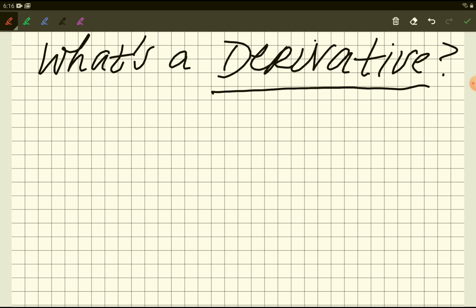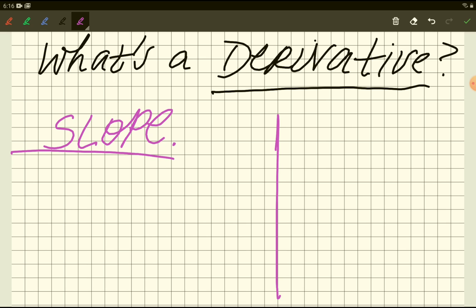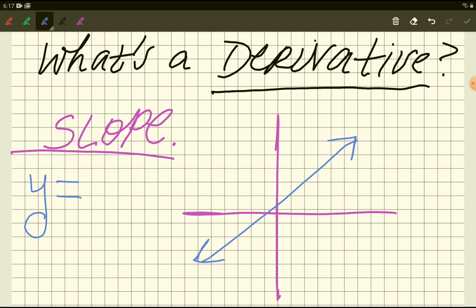To answer that question, let me go back to Algebra 1 and something we are all very comfortable and familiar with, and that is the concept of slope. So with something like slope, this is your coordinate plane, and say you have a line, it goes like this.